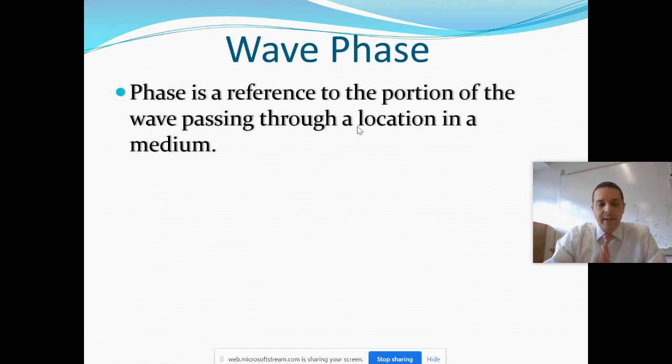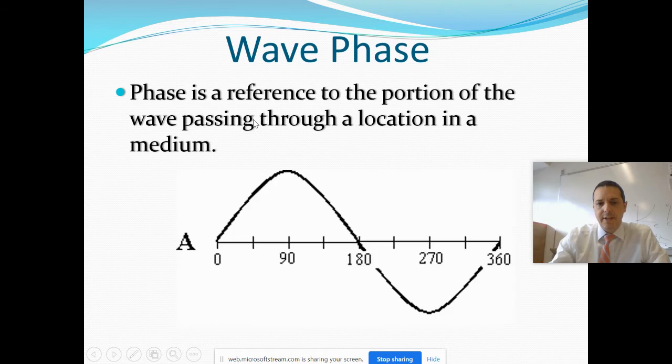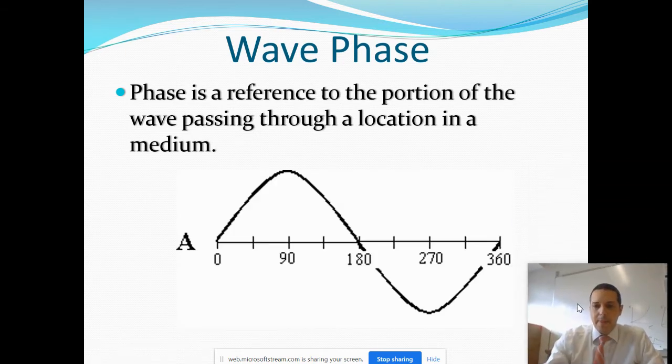Remember that every wave is a moving oscillation, so every oscillation has to repeat itself over some pattern. When you talk about the phase, it's just saying, from one initial position until it goes all the way back through its total oscillation, how much of it is it through. And in order to identify how much of it is through, you have to give it a start and an end.